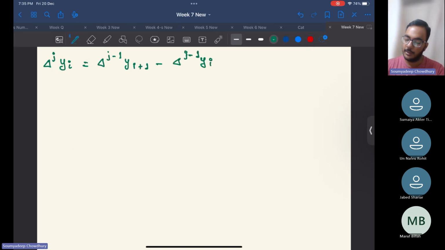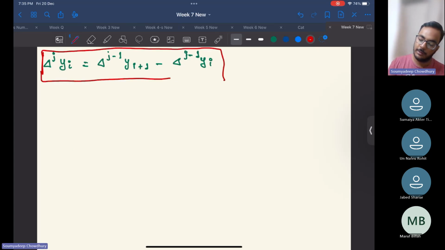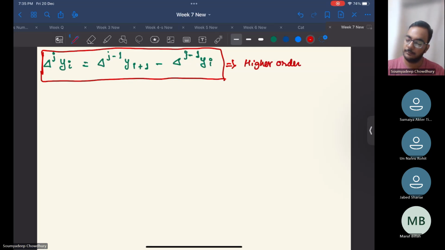This is the formula. If you want to find third or fourth order differences, you cannot go on doing first order, then second, then third, then fourth, as I did here. You can use this to find higher order forward differences.